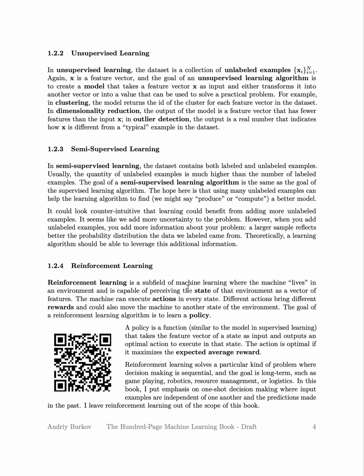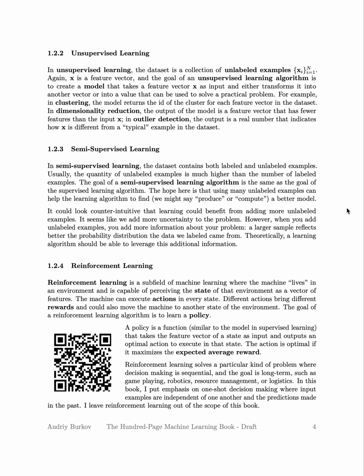Then there is reinforcement learning. Reinforcement learning is simply when your model is present in an environment and is capable of actually perceiving the environment as a vector. So simply when your model is actually present and has to perform some action, right?